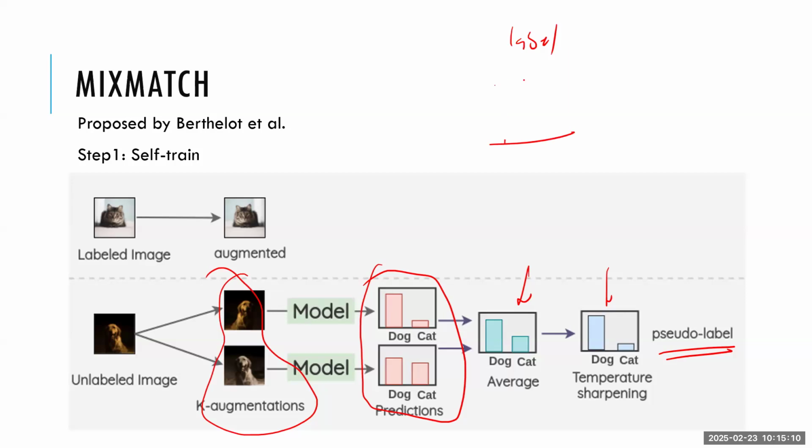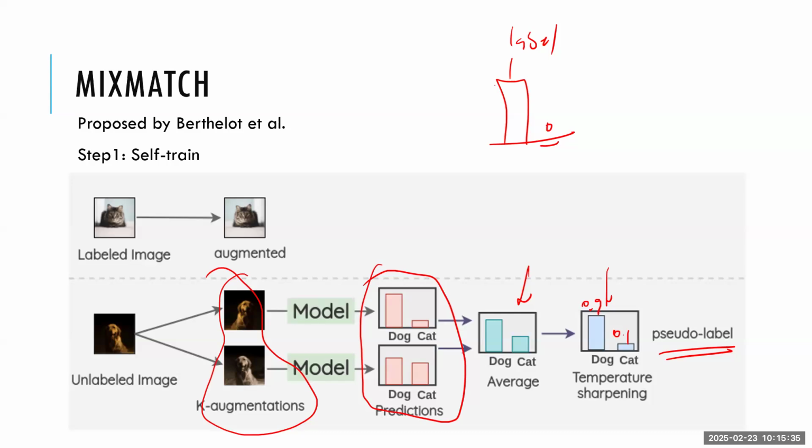Normally you would have 1 and 0, but for a pseudo label, you might have 0.9 and 0.1. So a pseudo label doesn't mean that it's a hard label, but a probability of having one label compared to the other. That is the first step, self-train.